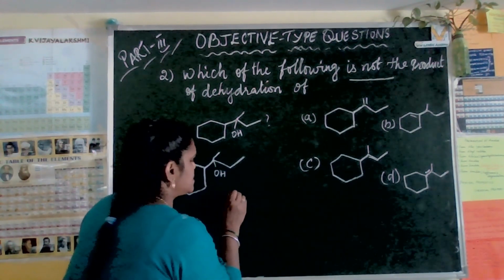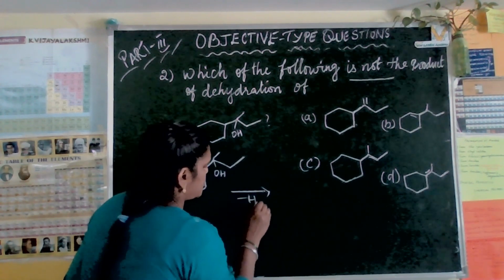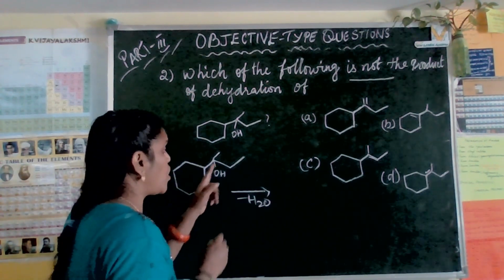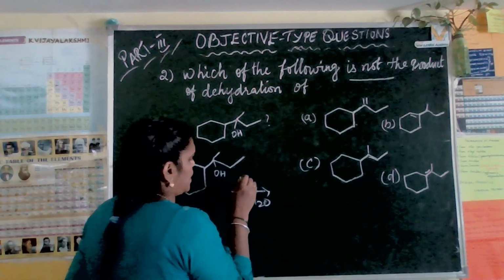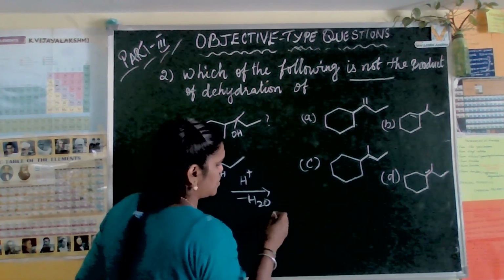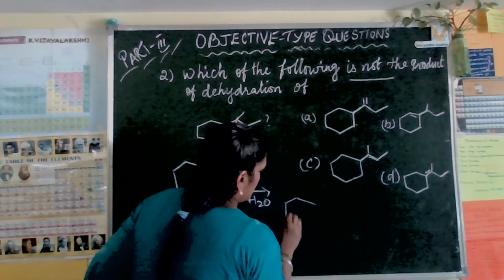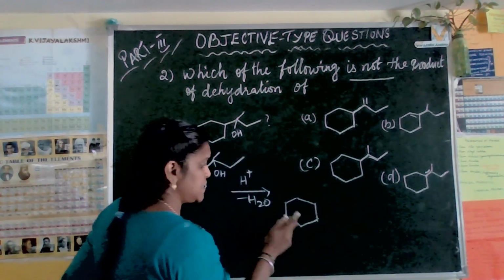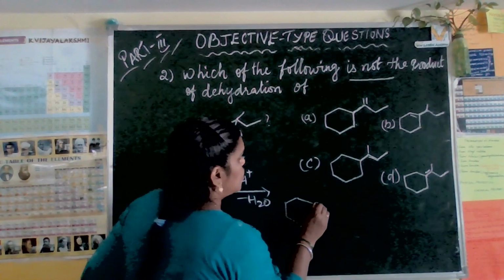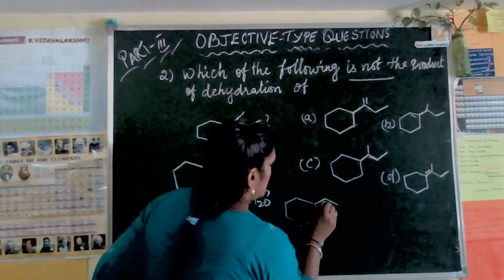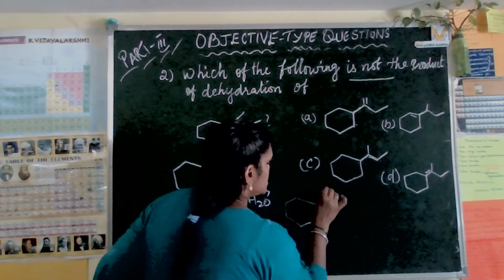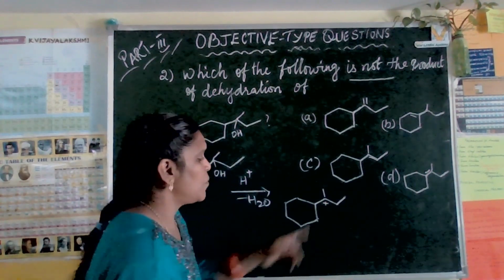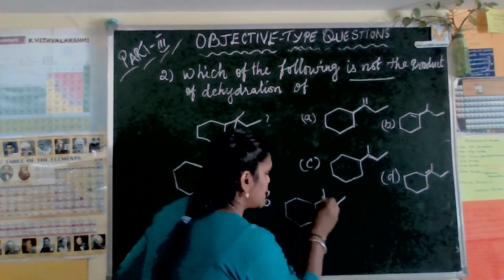As water is released, you will get the carbocation on this side. Here, acid, elimination reaction. Here this is not benzene, this is a cyclohexane compound. You will get carbocation formation on this side.